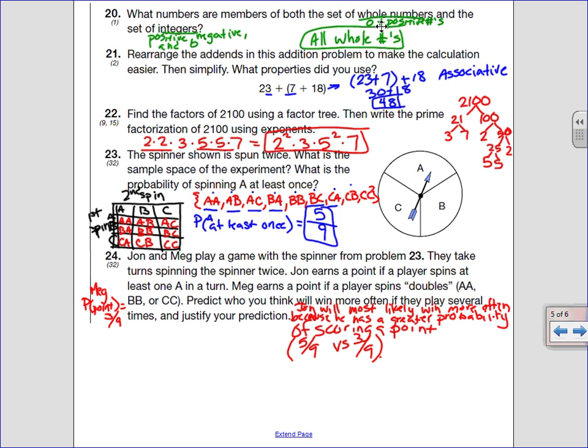He has a 5/9 probability, and Meg only has a 3/9 probability.